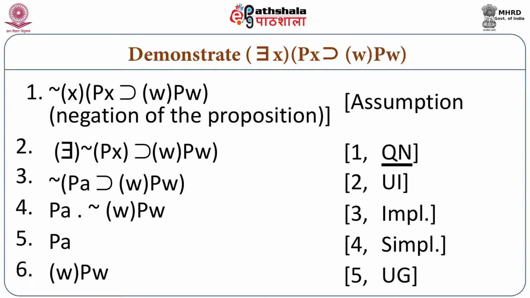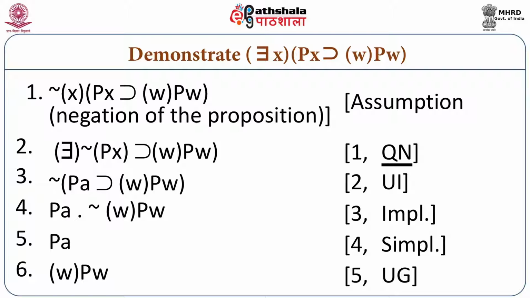Now from number 1, by applying the rule of quantificational negation, we have this sentence: for all x, it is not the case that if x is p, then for all w, w p. We have replaced the existential by the universal quantifier. Third, we need to do universal instantiation. So we have: it is not the case that if pa, then for all w, w p.